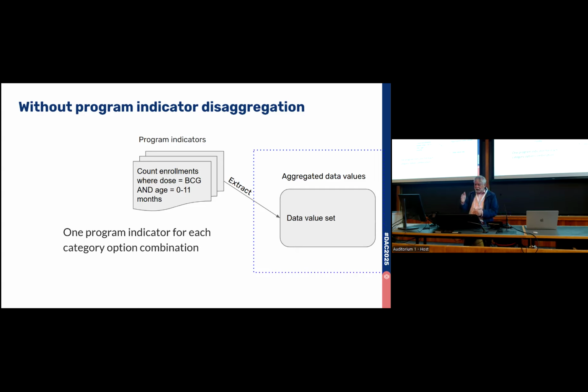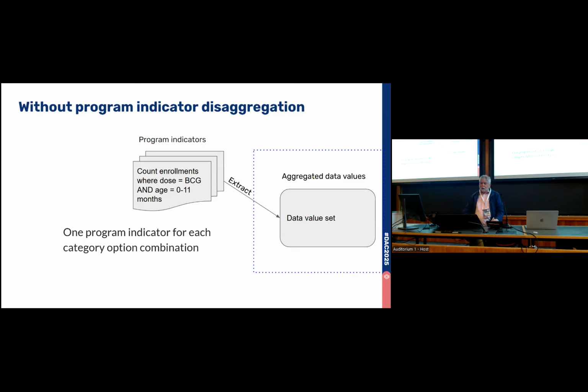But for all the disaggregations, you need currently one program indicator for each category option combination. If you have age and sex, you have how many age bands, you have how many sex bands, you multiply them together. That's how many program indicators you need for one piece of logic.